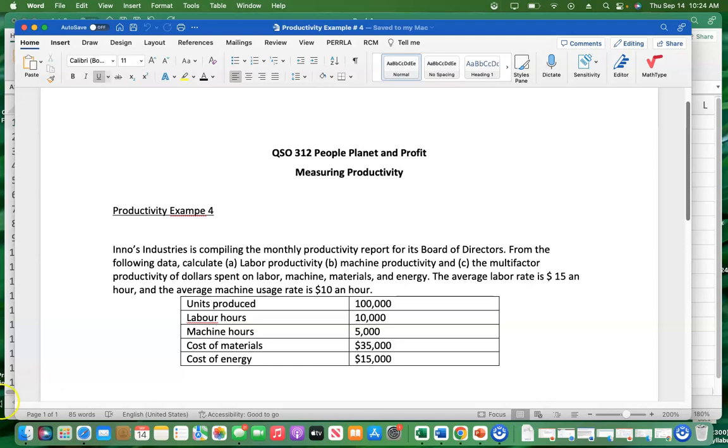And we are given this kind of information in a table, which includes the units produced, labor hours, machine hours, cost of materials, and cost of energy.